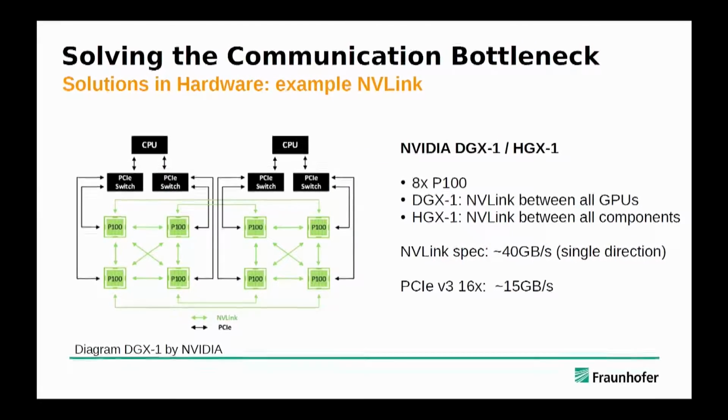How to tackle this? Well, the first solution is always to get faster interconnects. So now, next generation InfiniBand. Unfortunately, interconnect bandwidth is not growing at the speed of the compute power of the GPUs. What we see here is one example, NVLink from NVIDIA.